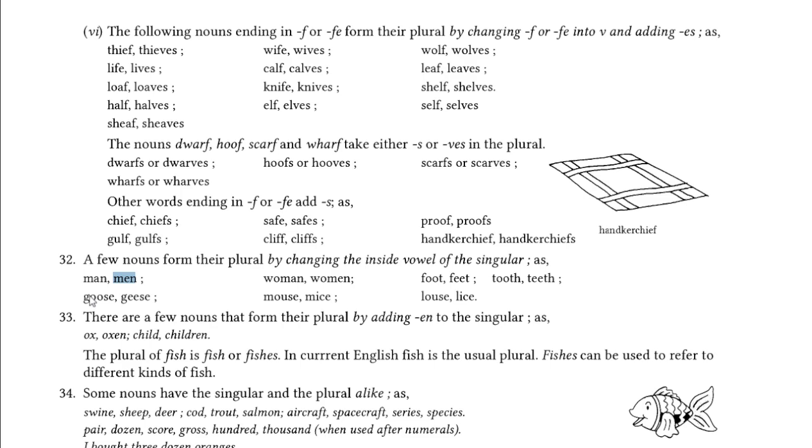Goose, the inside vowel will change, and we would get the noun in the plural number, geese. Woman, the inside vowel will change, and we would get women. Mouse, inside vowel changed, mice. Foot, feet, louse and lice.